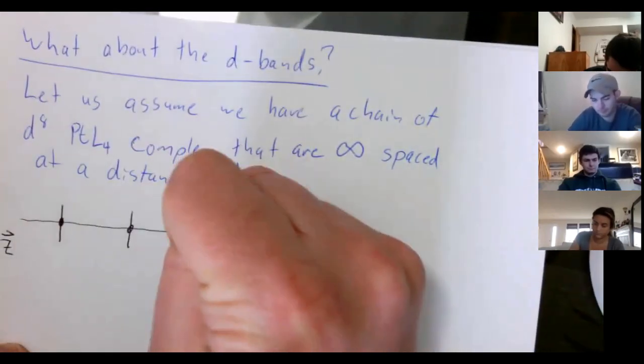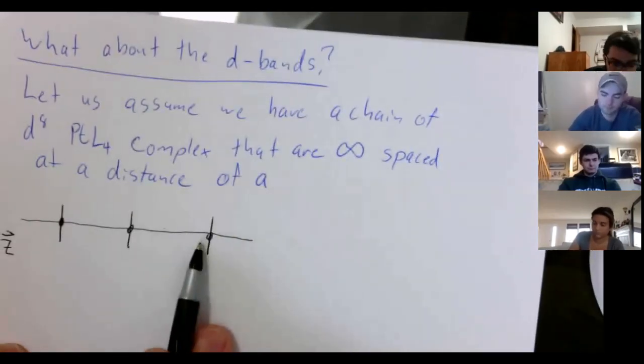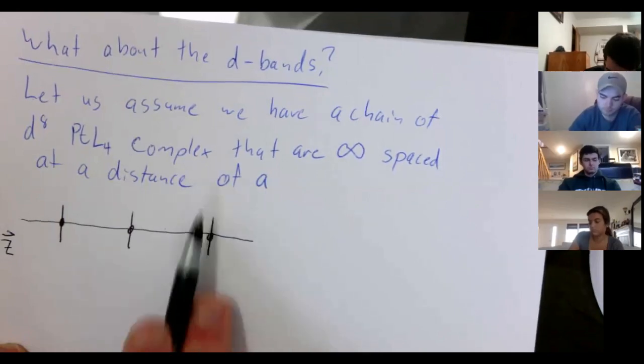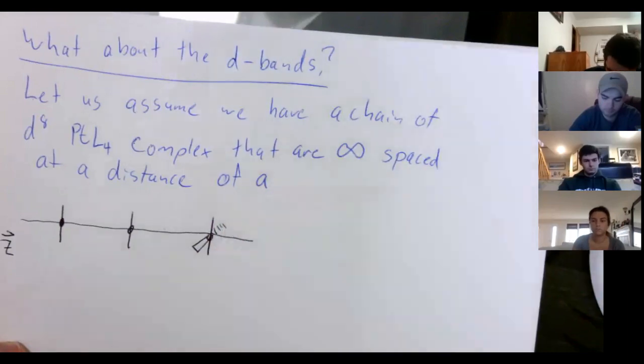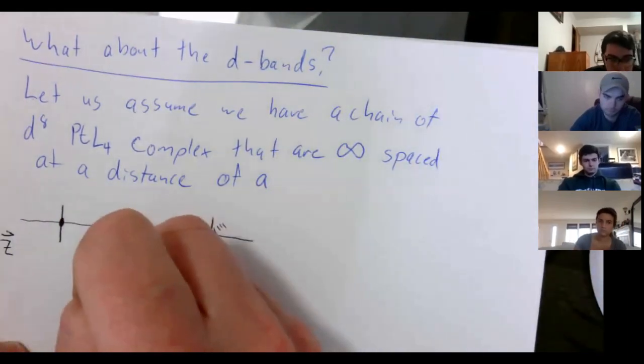And we have two ligands that are pointing out, or up and down, excuse me. We have one pointing out towards us, and we have one going back into the plane of the paper.